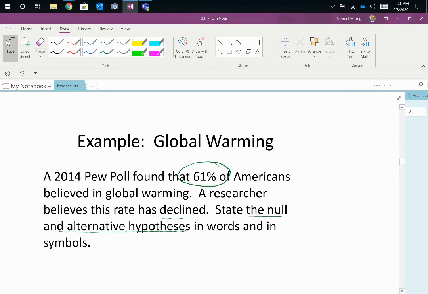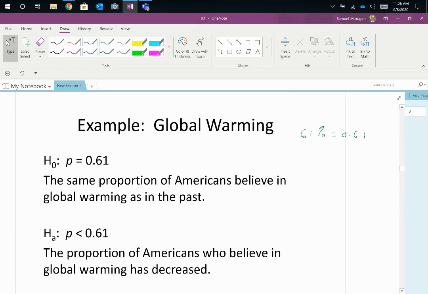Now, that's our null hypothesis, that 61% believe in global warming. This researcher believes that the rate has declined. So the alternative hypothesis, H subscript A, is that the proportion is less than 61%.